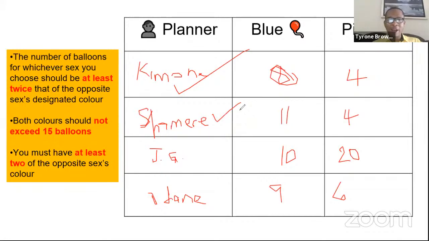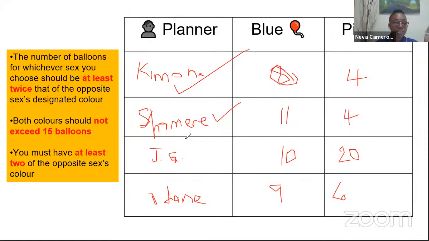Let's see in the chat if anybody is agreeing with JG first before I actually go there. And if you're not agreeing with JG, what would you change? All right. And why are you not agreeing with JG? Kimon is saying it exceeds 15, and it's the same thing being said on YouTube, where very early we had Pretty already saying that it cannot exceed 15.